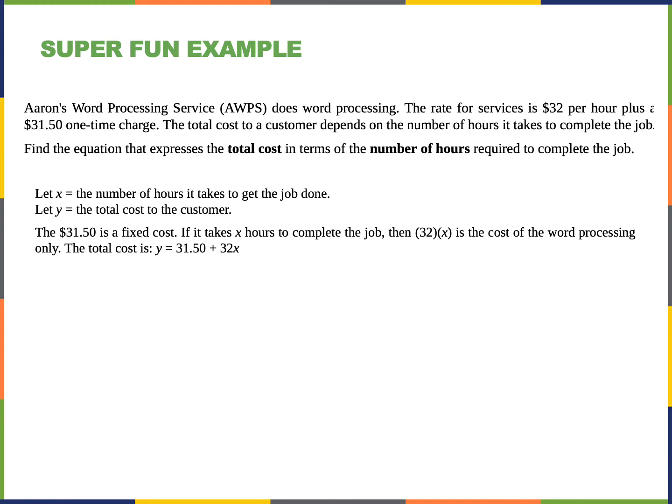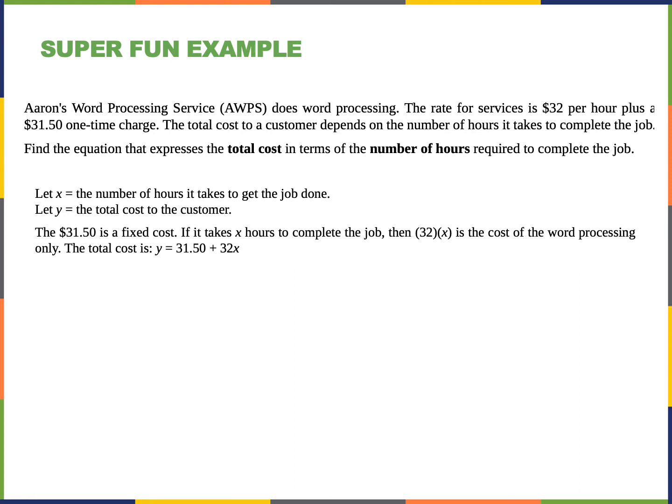Now, if we let x equal the number of hours it takes to get the job done, and y equal the total cost to the customer, well, let's think about that. $31.50 is a fixed cost. That means you only pay it one time. So even just by having their services, you have to pay $31.50. But however many hours it takes to complete the job, you have to pay $32 per hour.